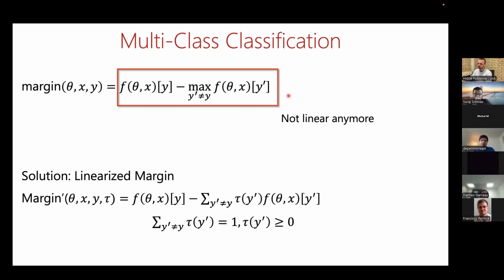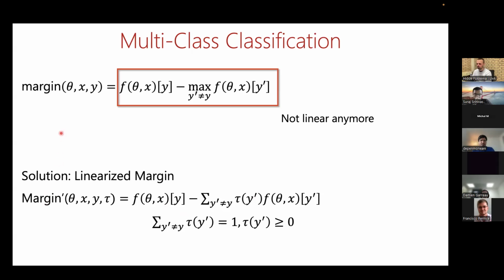But then the question is, is what we find using this really the solution for the original problem? The main point to note is that margin prime is an upper bound on margin, because we are placing mass on things which are not even the maximum.